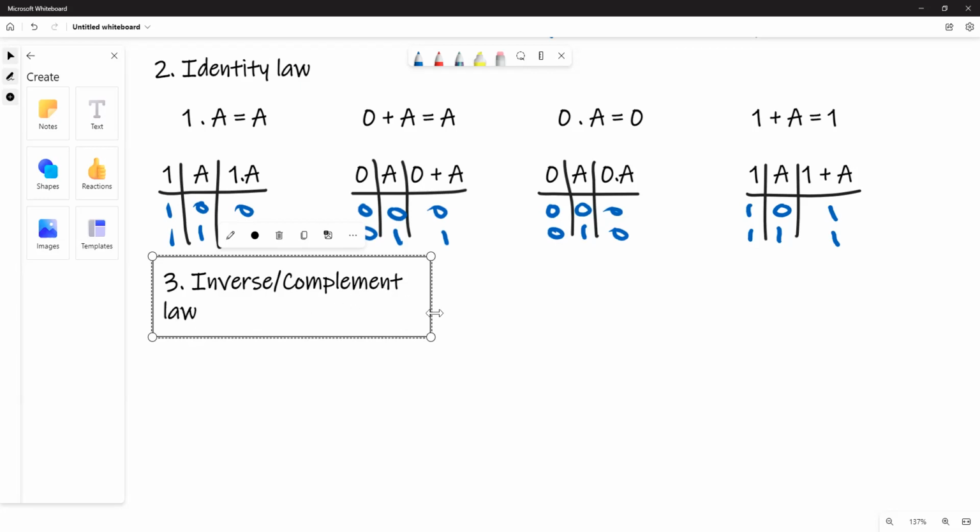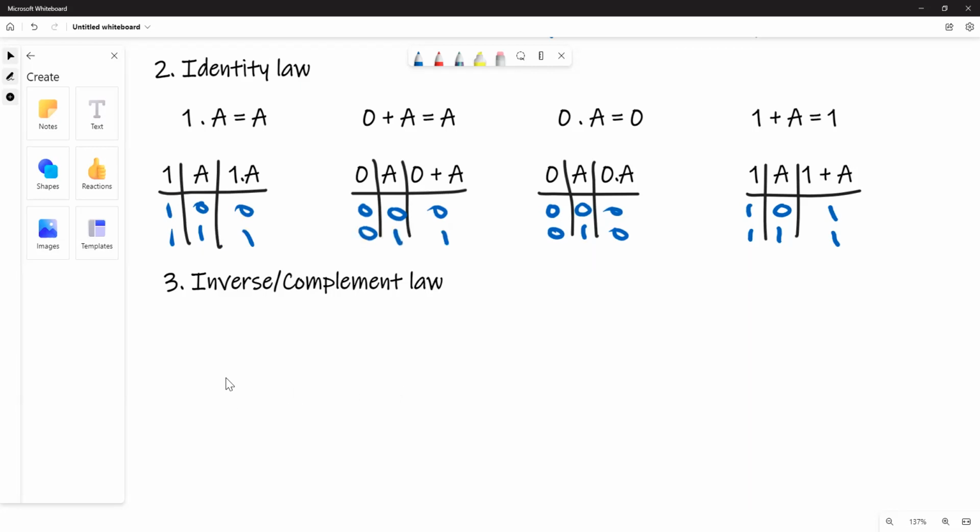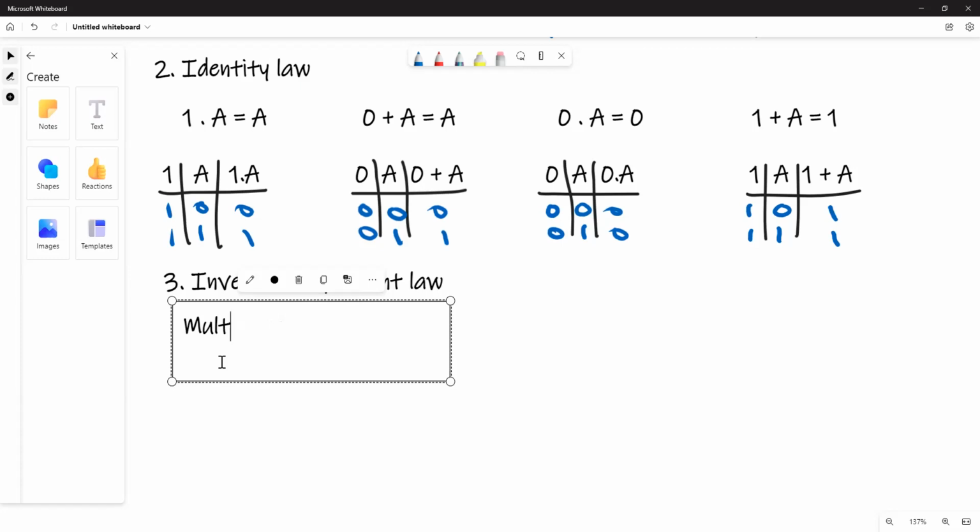There are two forms of this. First of all, we call one the multiplicative form.